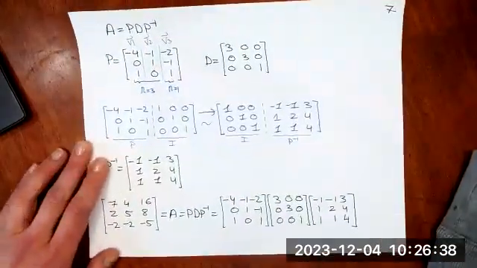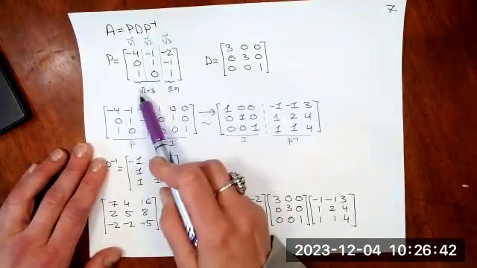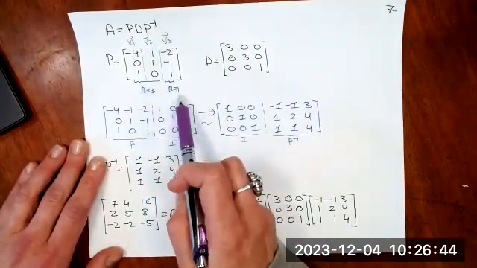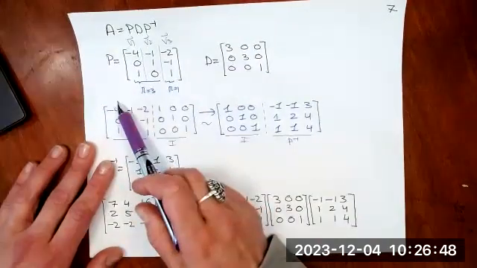You want to kind of put together the ones that relate to one eigenvalue, but you don't have to. You could have put lambda 1 first.